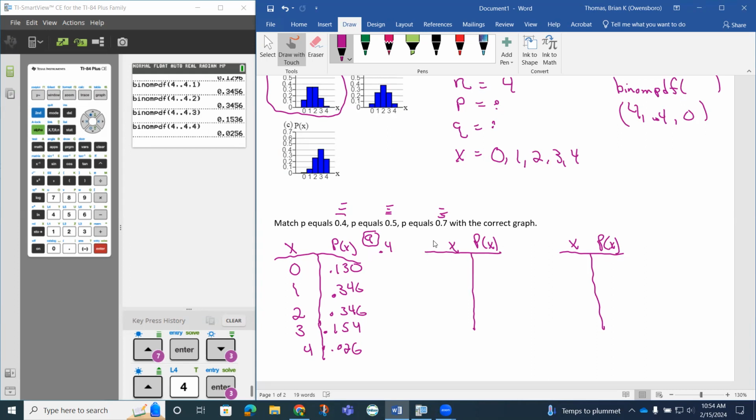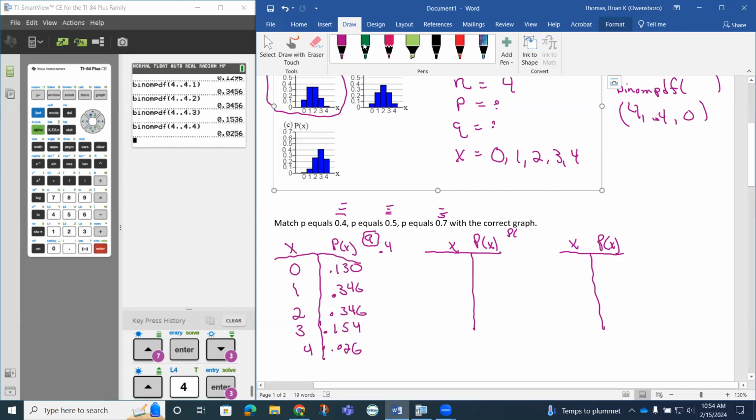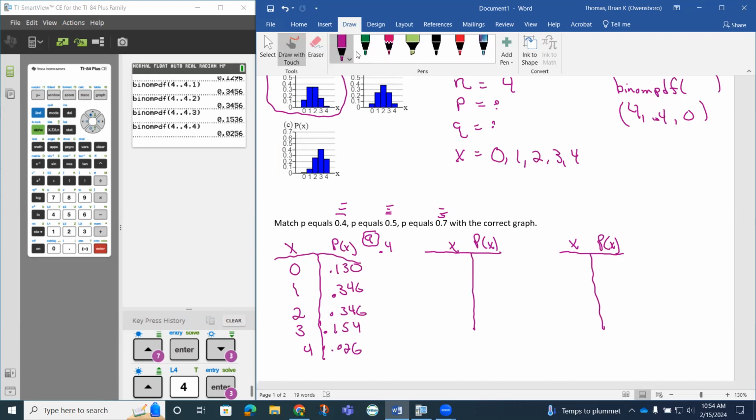So if I want to do the probability of this 0.5, I basically do the same thing. And we're going to try to figure out how that's going to actually affect our problem. So now we're doing the 0.5 probability.